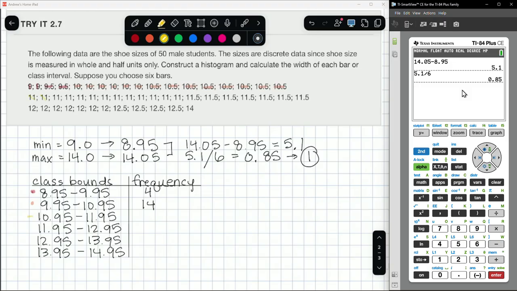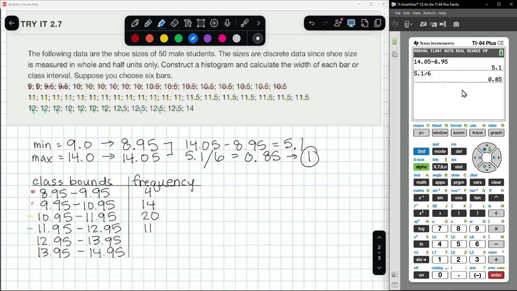So 1, 2, 3, 4, 5, 6, 7, 8, 9, 10, 11, 12, 13, 14, 15, 16, 17, 18, 19, 20. And then we repeat. So next one is going to be the 12 and 12 and a halves. 1, 2, 3, 4, 5, 6, 7, 8, 9, 10, 11.